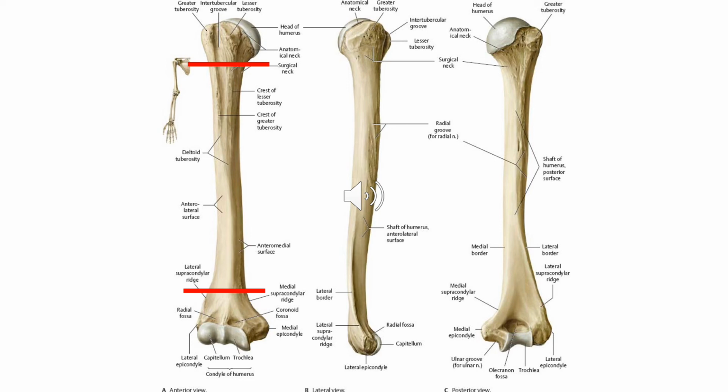And then when you go distally on the posterior side, you will see that the posterior part of the humerus shaft has a very prominent lateral border and medial border. The lateral border will continue distally as the lateral supracondylar ridge and lateral epicondyle, and the medial border will continue distally as the medial supracondylar ridge and medial epicondyle.